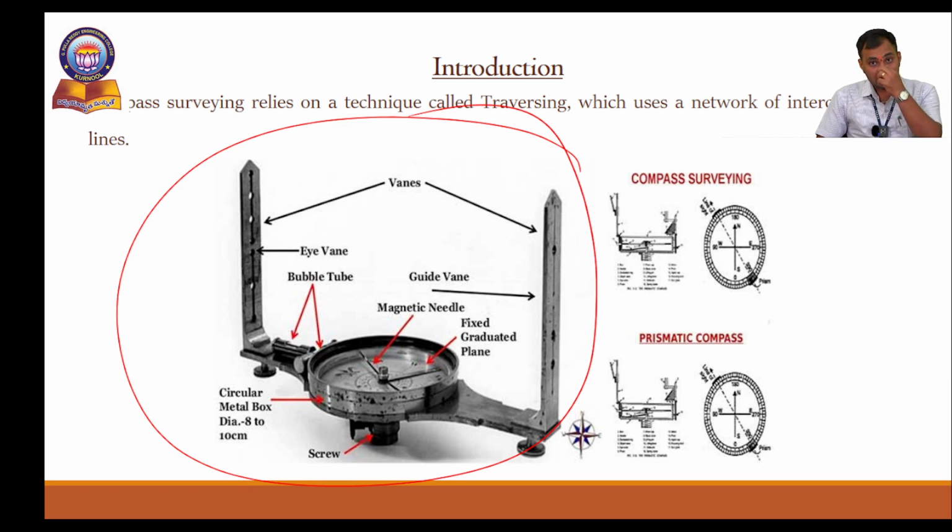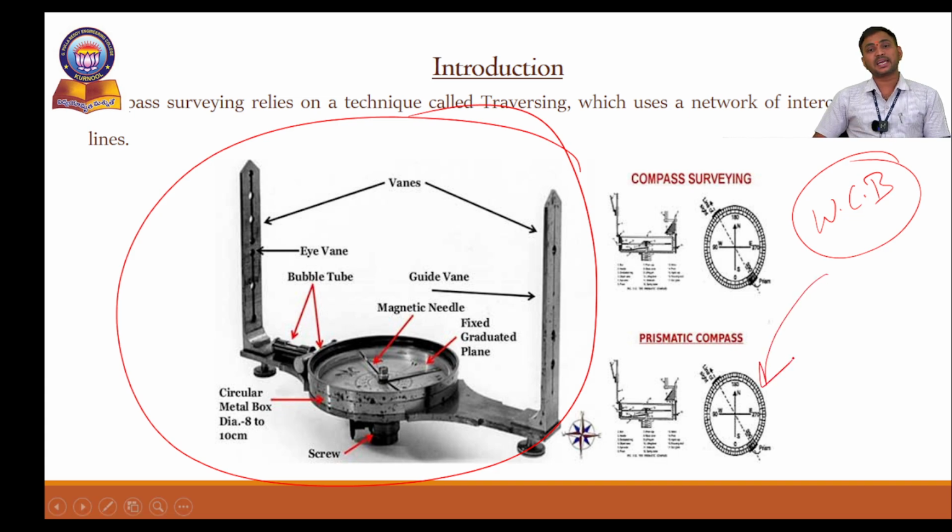In the previous lecture class, we discussed the conversion of bearings from whole circle bearing to reduced bearing and reduced bearing to whole circle bearing. When we are determining the area by using this compass survey, if we are getting the values as whole circle bearings, then we use the equipment that is the prismatic compass.